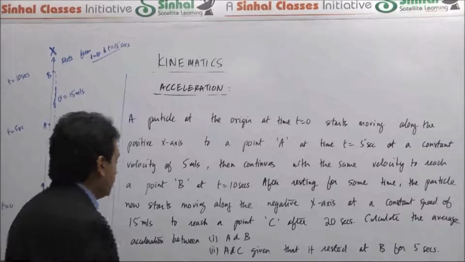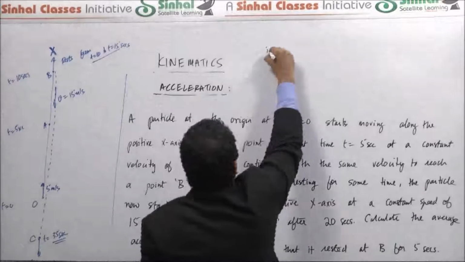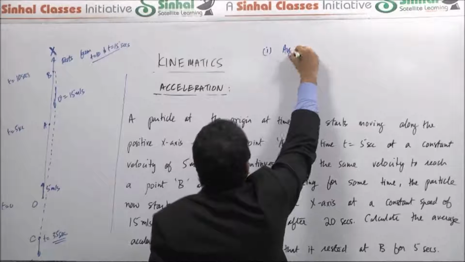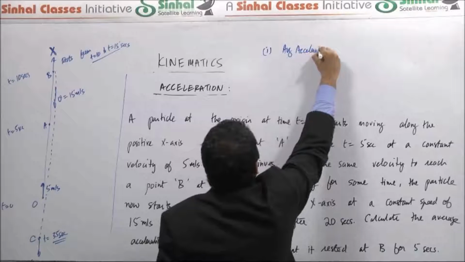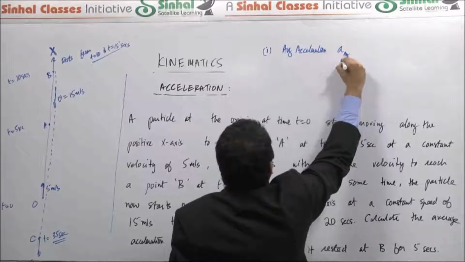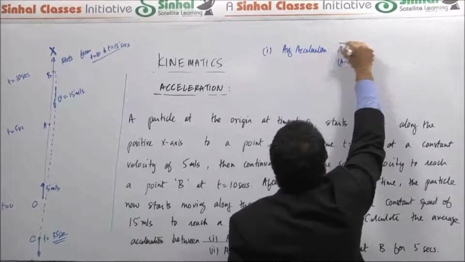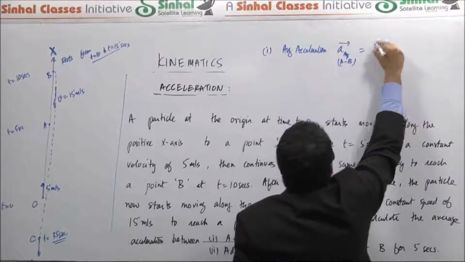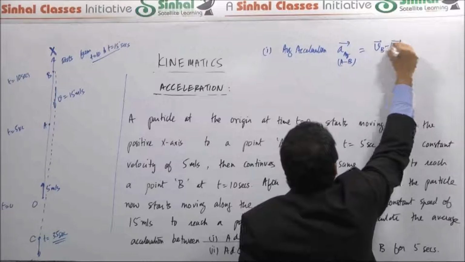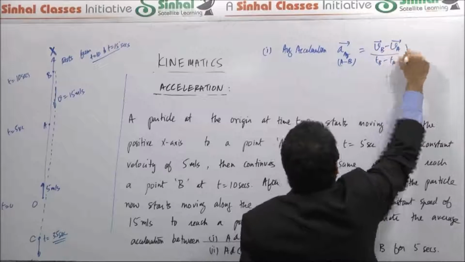Now let's talk about the average acceleration between A and B. So the first part, the average acceleration from A to B would be the velocity at B minus the velocity at A divided by the time interval.